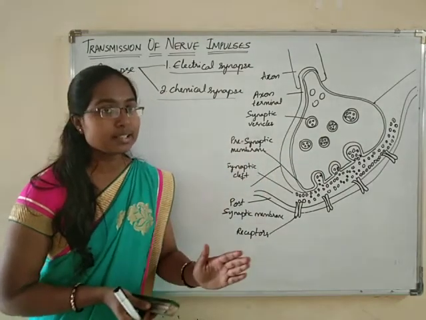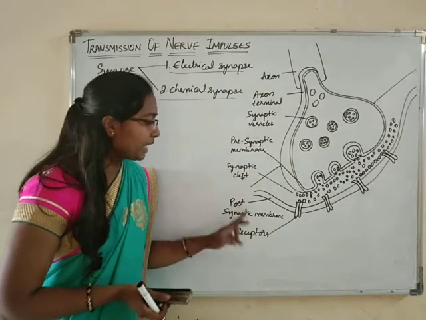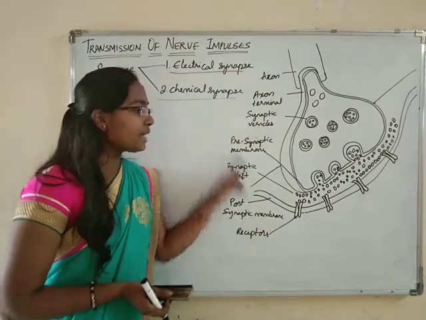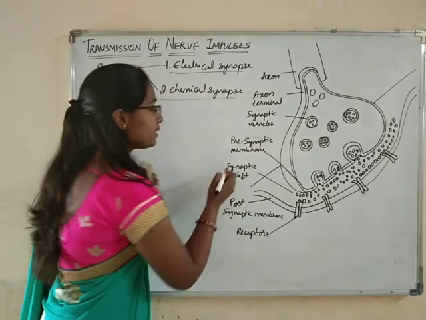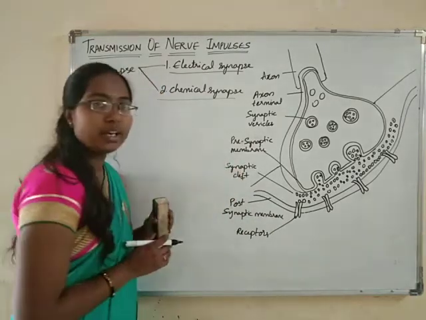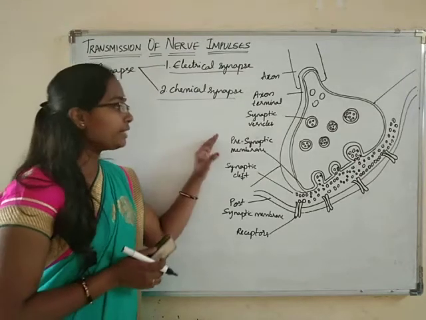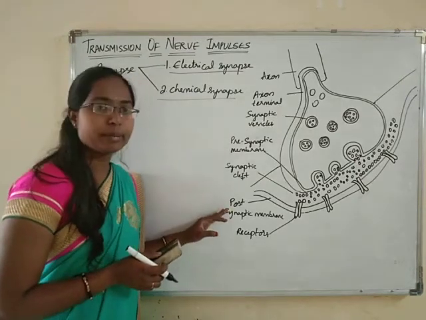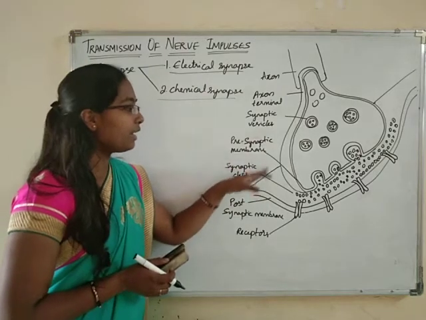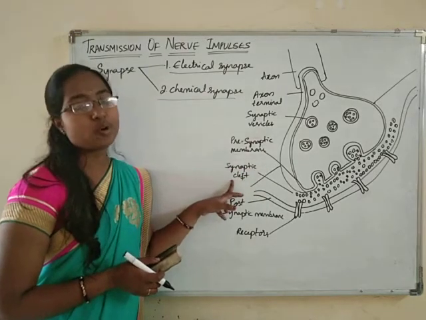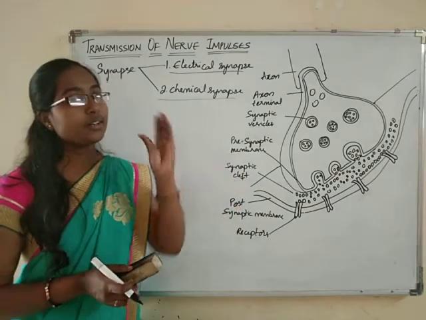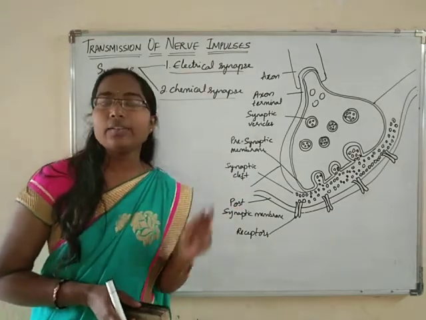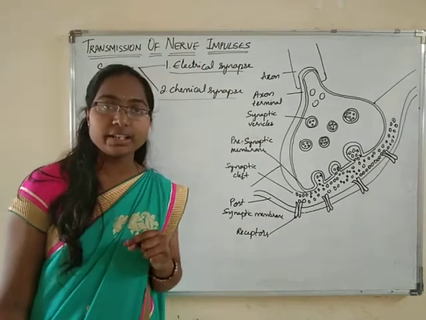In the chemical synapse, the presynaptic membrane and the postsynaptic membrane are separated by a fluid-filled space called the synaptic cleft. Here you can see the difference between electrical and chemical synapses very clearly, students.